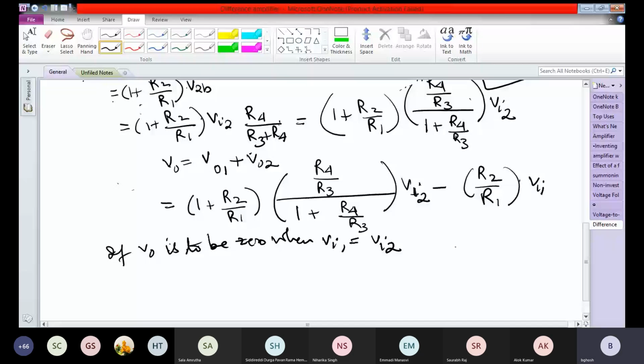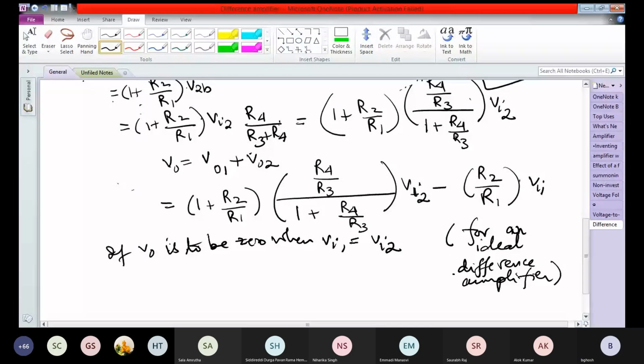For an ideal difference amplifier, we can achieve this if we set R4 by R3 equal to R2 by R1.